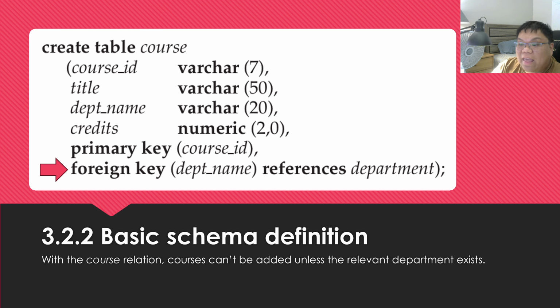If we add a table of courses, we can only add courses if the department that it's referencing exists. So we can only add a new art class, say Art 404, if we already have an art department. We cannot add a class called Ethics of Time Travel because there's no time travel department in our university.